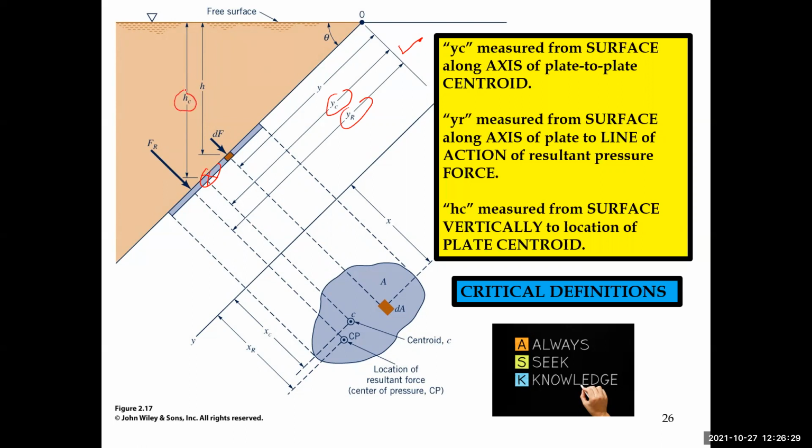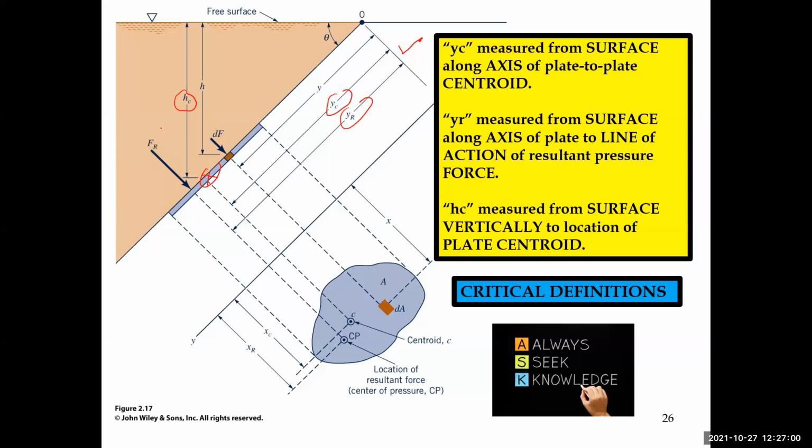Understanding these definitions is the key. This is the key to understanding how to solve for the forces, how to find the line of action of that force for any geometry that is submerged within a specified fluid. So it is the understanding of these definitions that is necessary to help you apply the engineering.